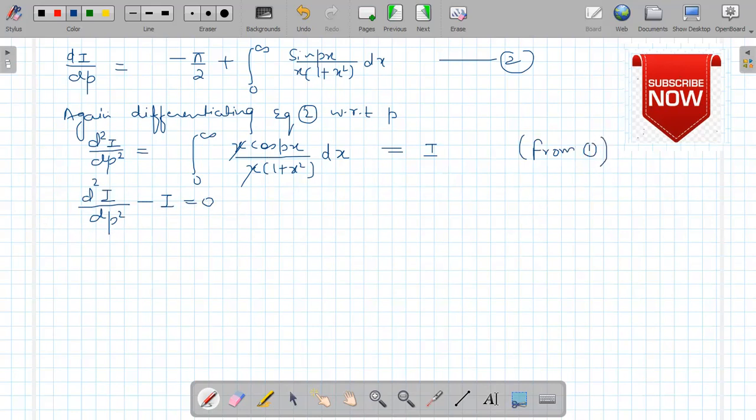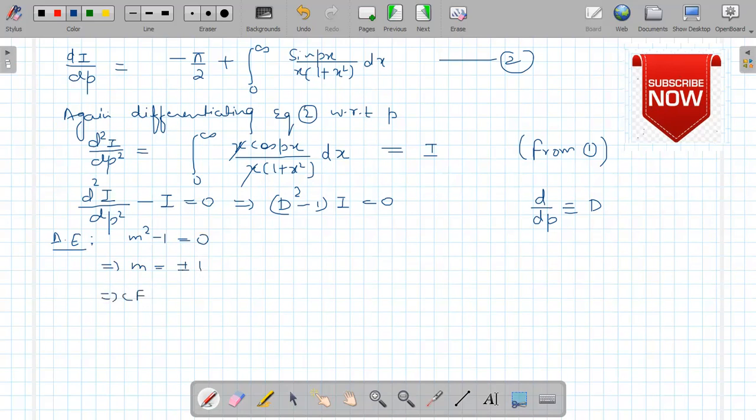If we use the notation d over dp is equal to capital D, then we have (D square minus 1) I is equal to 0. So the auxiliary equation of this differential equation is m square minus 1 is equal to 0. The roots are plus minus 1.